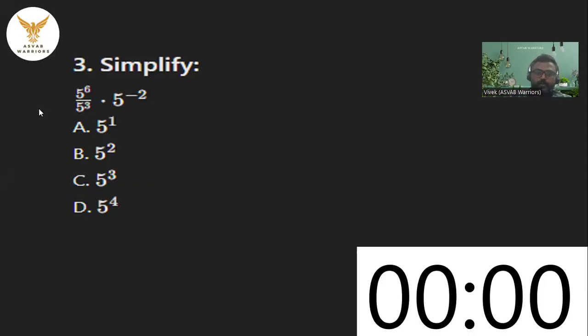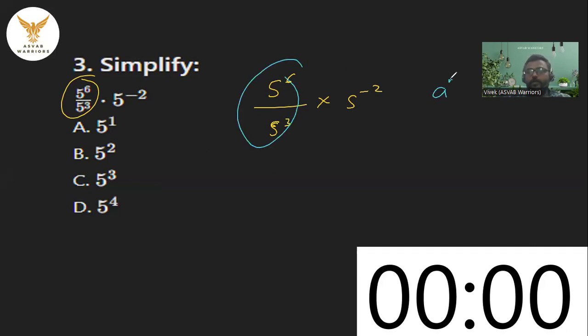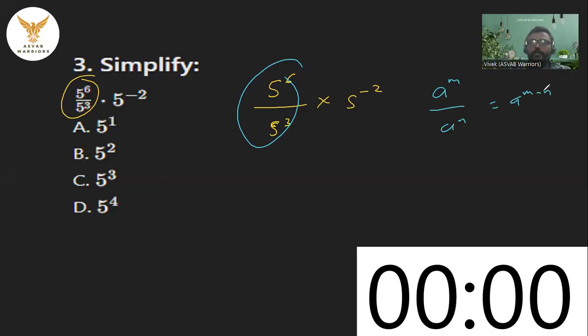How do we solve this? Apply one rule at a time. 5 to the power 6 divided by 5 to the power 3. Keep this multiplication aside for now. Here, a to the power m divided by a to the power n will be a to the power m minus n.